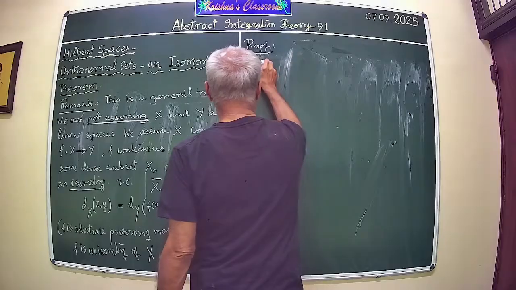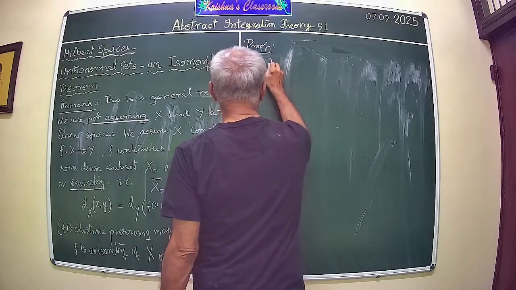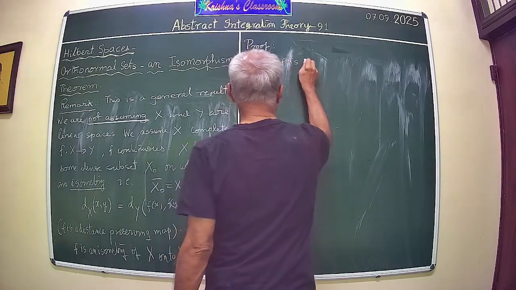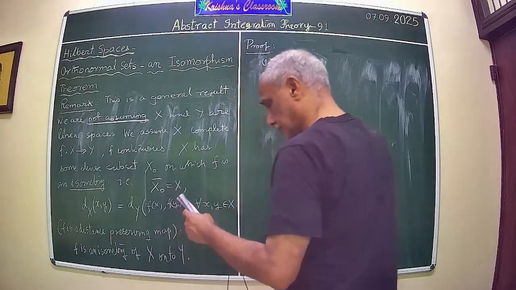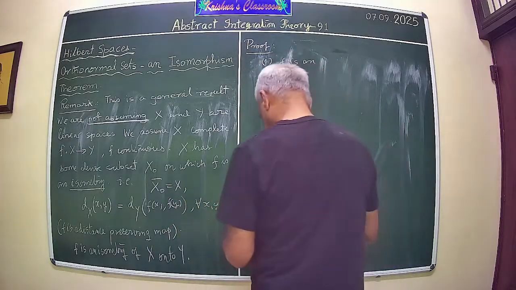The first thing that we want to prove is that f is an isometry.